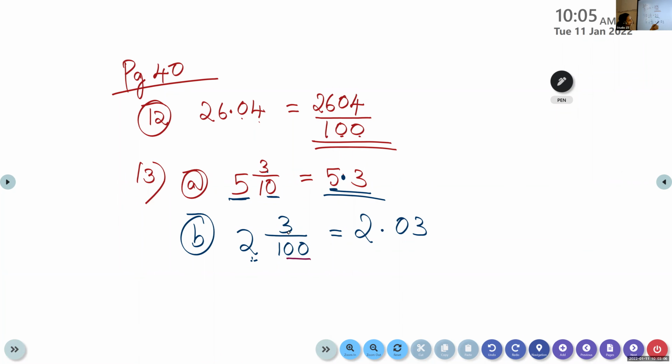So where should we add 0? We should add 0 to the front, that is to the left side of 3. So the answer is 2.03. The number of zeros is equal to the number of decimal places.